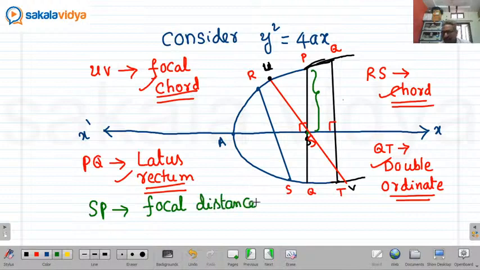That means the distance from focus to any point on the conic is called focal distance. Understood all the technical terms here? I hope you might have understood well.